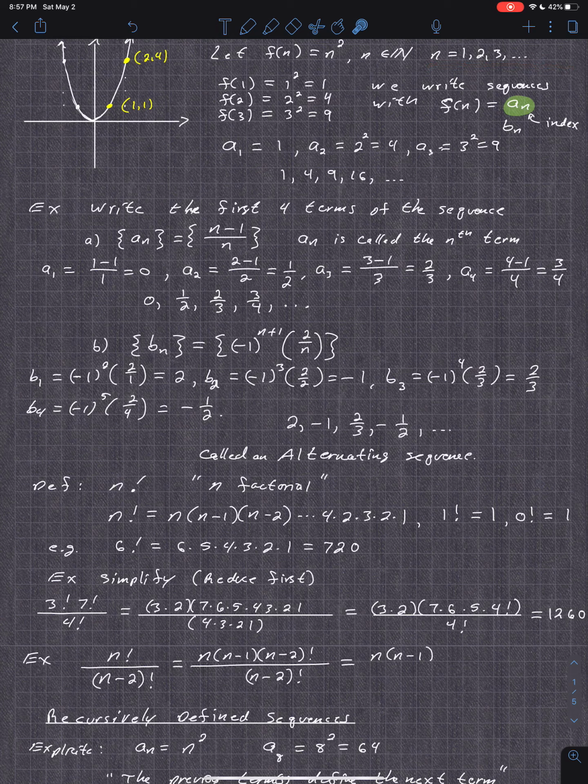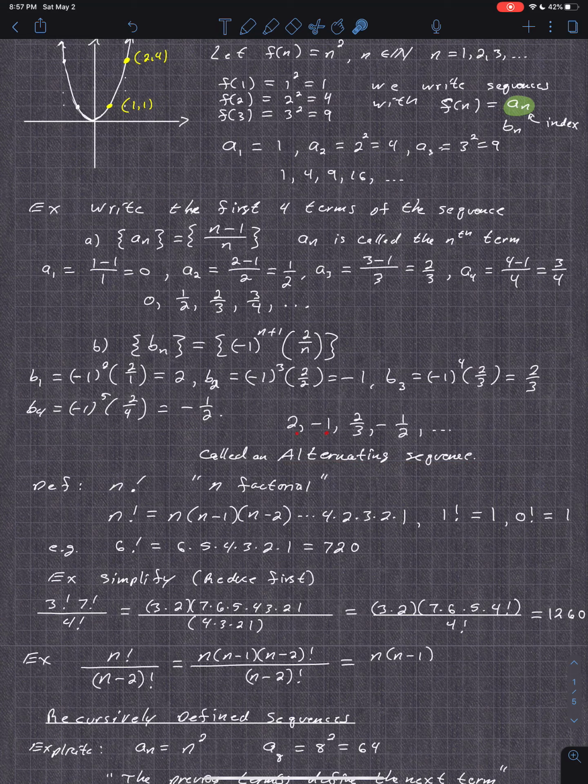What's going to happen to this negative? When we put in 1, you get negative 1 squared. What happens to that square? It becomes positive. And when it's odd, it becomes negative. Even, positive. See how that works? So that's alternating. This is called an alternating sequence.